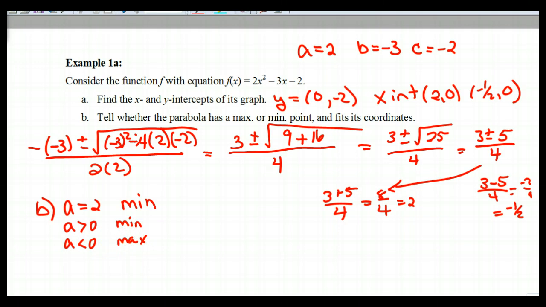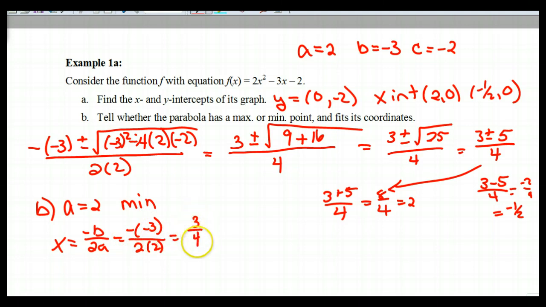Okay, so we know that it's a min. I'm going to go in and find the axis of symmetry right now. We know that the axis of symmetry is minus b over 2a. So we have minus a negative 3 over 2 times 2, which is going to be 3/4.